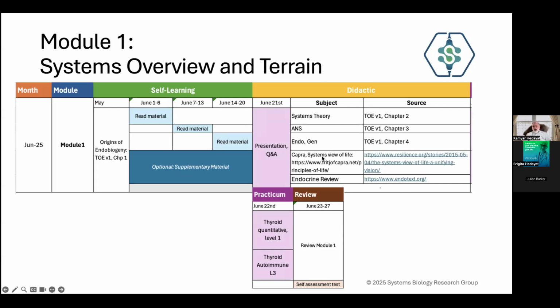There's always some optional reading if you want to go further and read perspectives written by other people. At the end of June, you will learn how to use the thyroid quantitative panel that I showed you, as well as the thyroid autoimmune panel, which also uses thyroid antibodies for a deeper level of analysis.